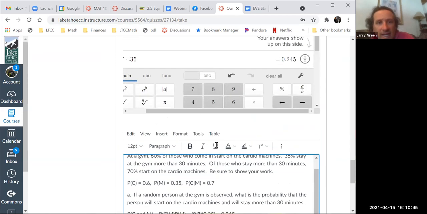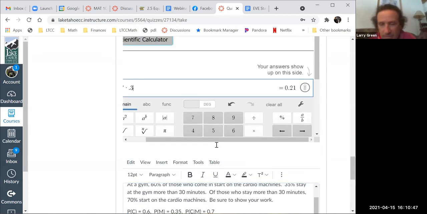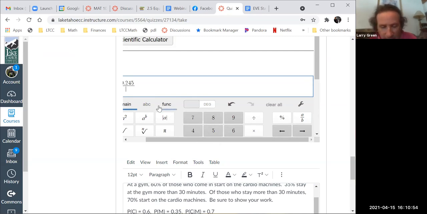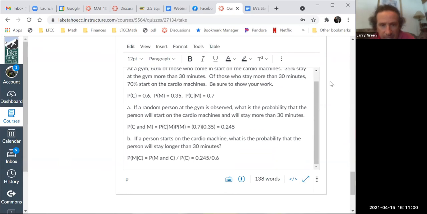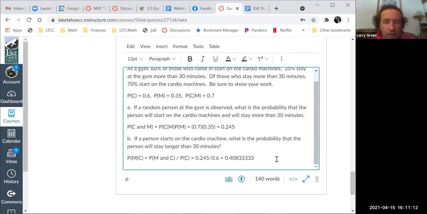And again, you can always go to 0.245 divided by 0.6. And you get 0.408 and a bunch of threes. Any questions at all on these four problems, these four questions?